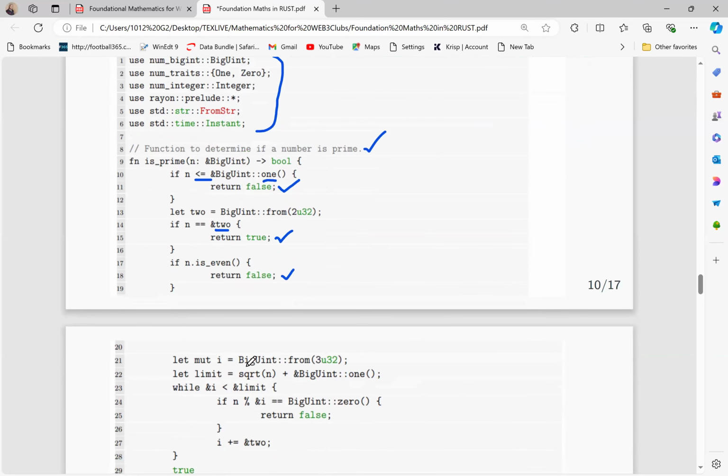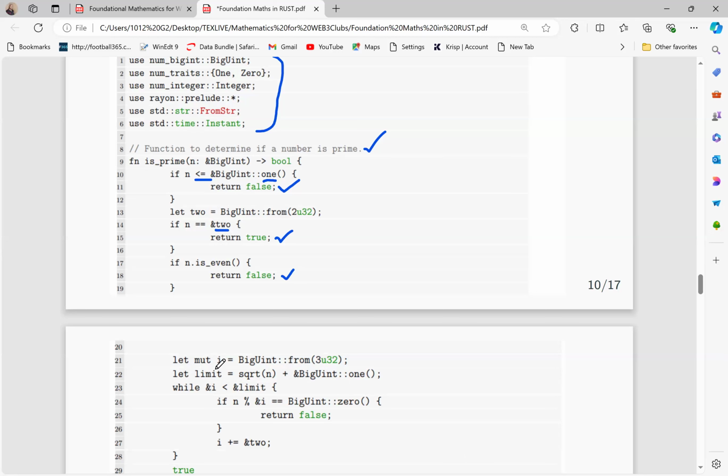Then it comes back, and if the number is 3, just before that, it runs up to the square root of n. That's what I had said.